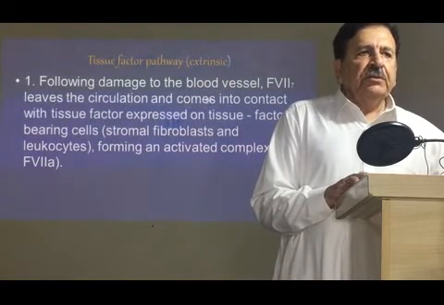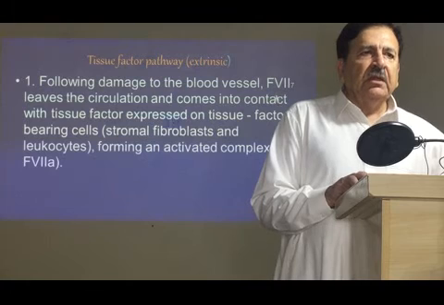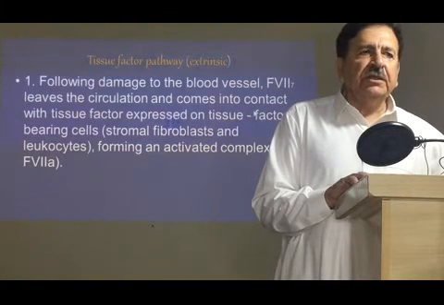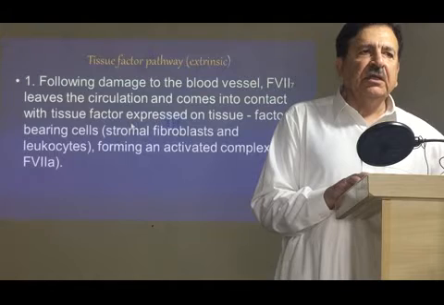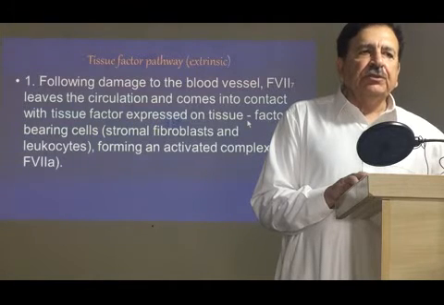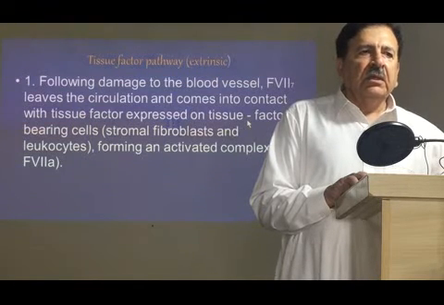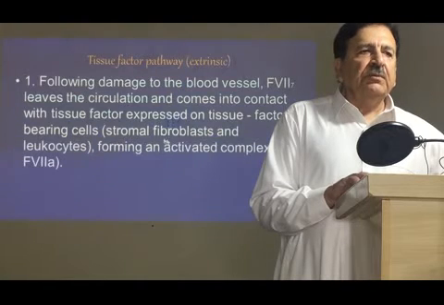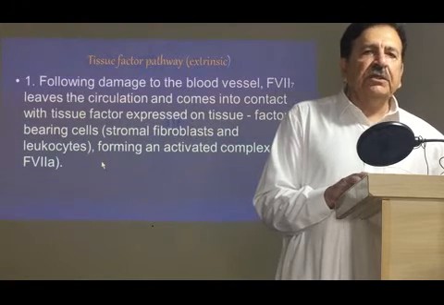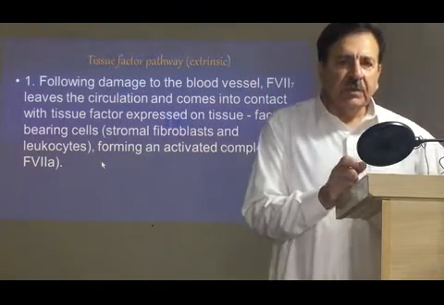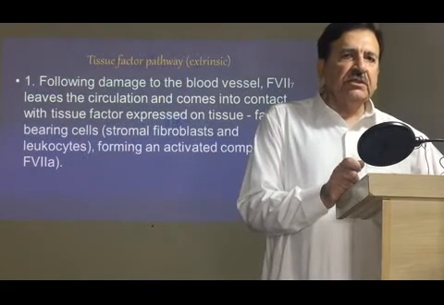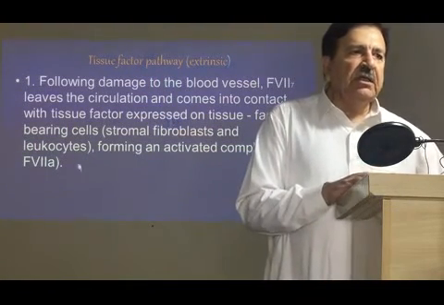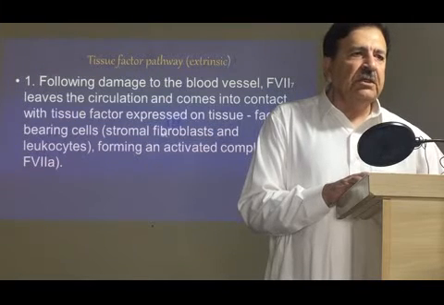Following damage to the blood vessel, factor 7 leaves the circulation and comes in contact with tissue factor expressed on tissue factor bearing cells: stromal, fibroblast, and leukocyte. When there is damage to the tissue, these cells expose the fibroblast or collagen tissue, and leukocytes are exposed.